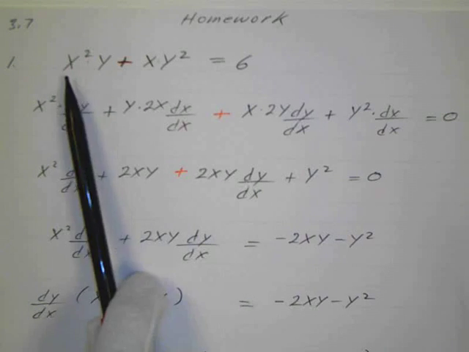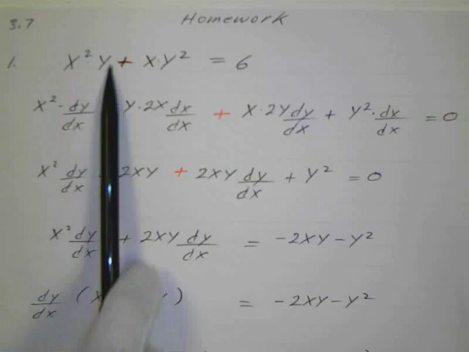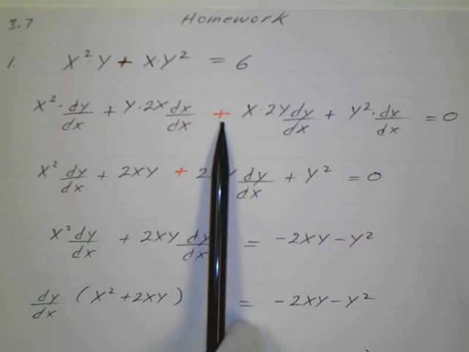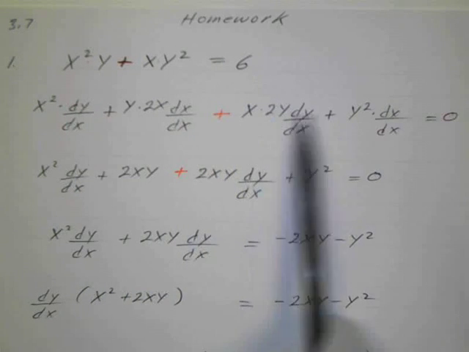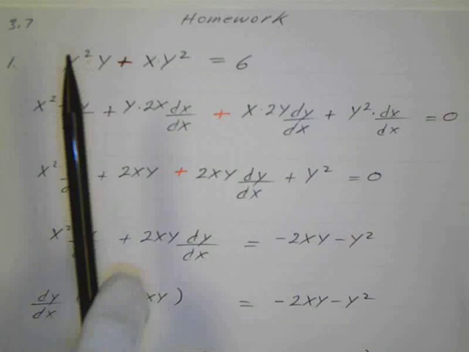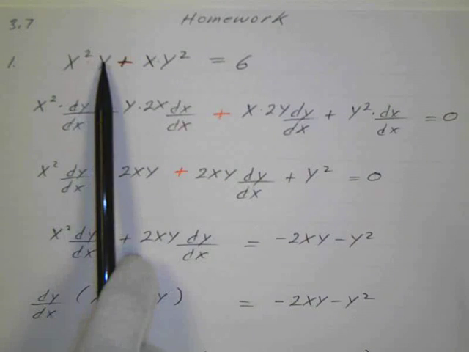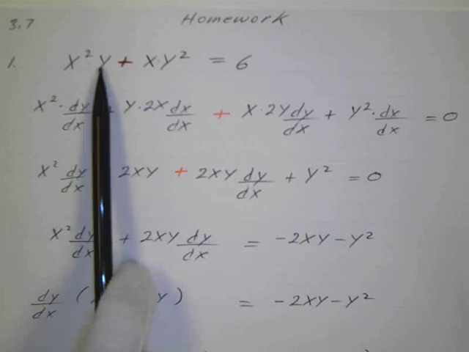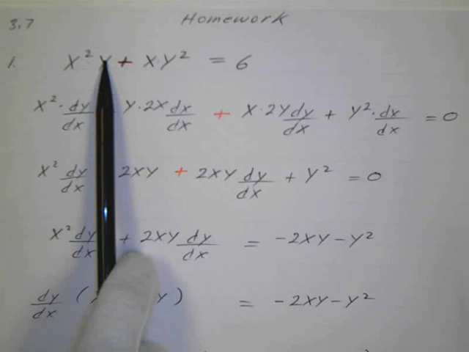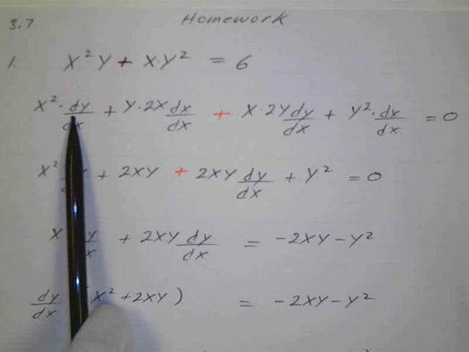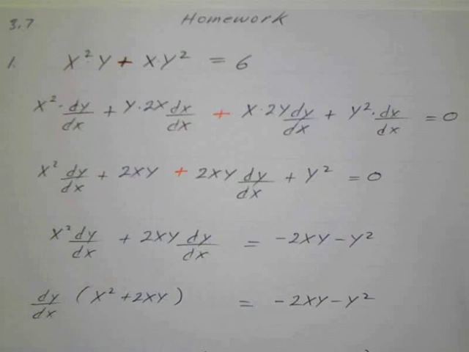So the first thing we have to do is take the derivative. We have a product rule here, and we've got a product rule here. I kind of separated them. So the first times the derivative of the second: the first is just x squared, and the derivative of the second would be 1 dy/dx. Derivative of y is just 1, but since it's dy/dx, it's like something in the first power.